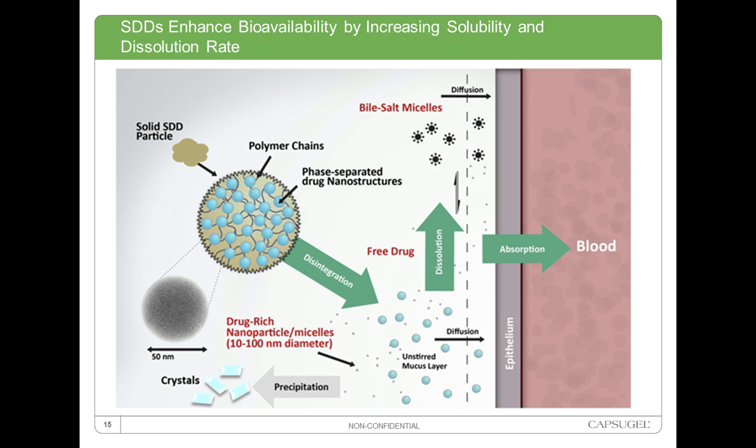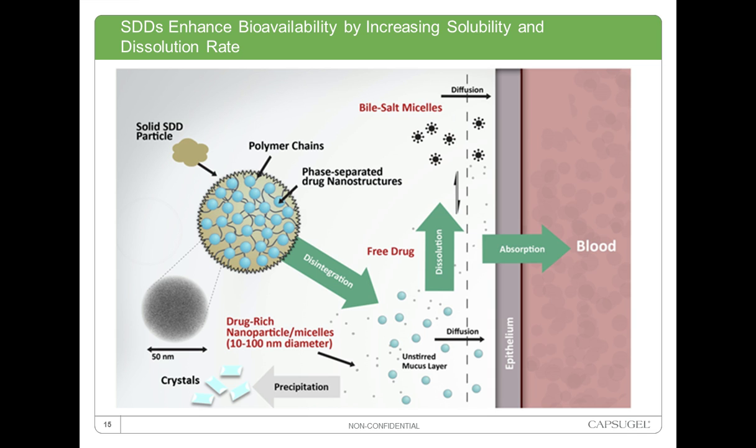We have these colloidal particles shown here towards the bottom as these blue spheres, and that's one type of species we consider. Another is the bile salt bound drug that's shown up in the upper part in those little black structures. And then of course, most importantly is the freely dissolved drug shown there in those little gray dots, and it is the freely dissolved drug that actually can transport across the epithelial cell membrane.